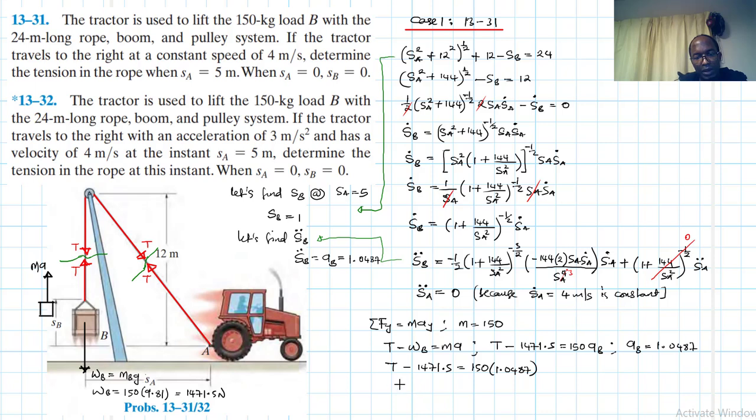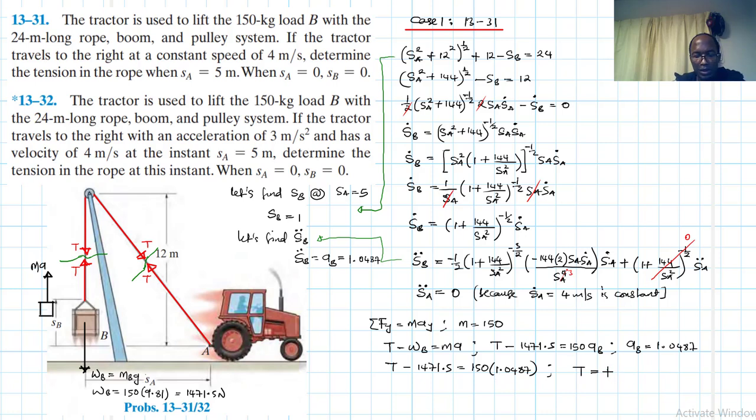1.0487, and therefore, computing our T, we will get the following. So 150 times 1.0487, plus 1471.5.